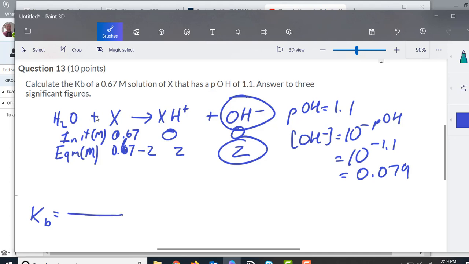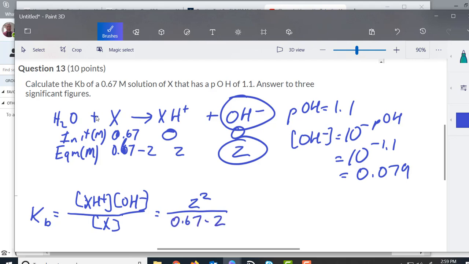We can find our Kb value, which is going to be XH plus times OH minus over X. The XH plus and the OH minus, that's Z squared, which is taking these values directly from the equilibrium concentrations, and 0.67 minus Z. Now the Z is going to be 0.079, and that's going to be squared over 0.59.